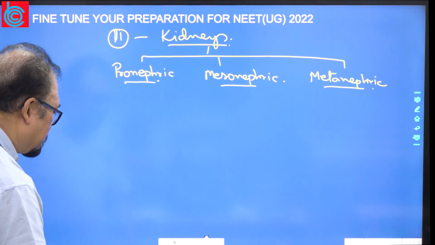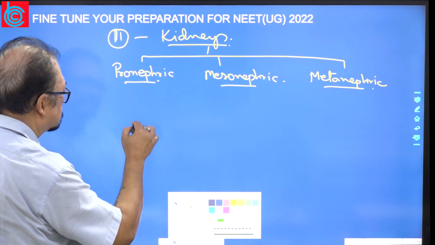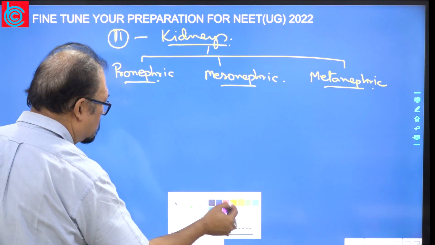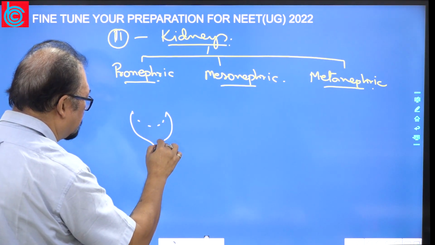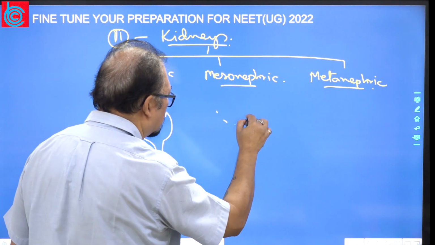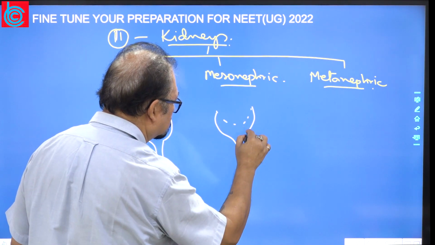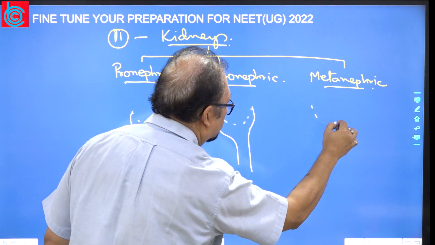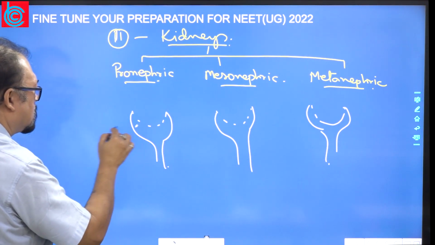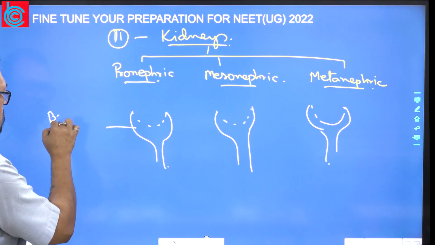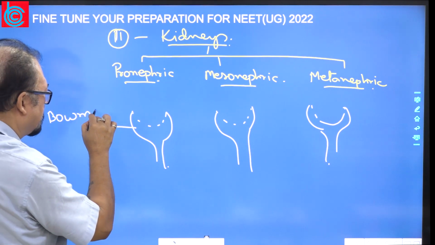What are the major characteristics? In the pronephric, mesonephric and the metanephric, in all three kidneys, the Bowman's capsule is there. So it is the Bowman's capsule.